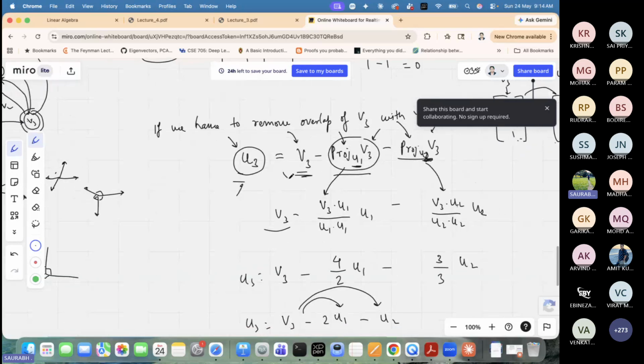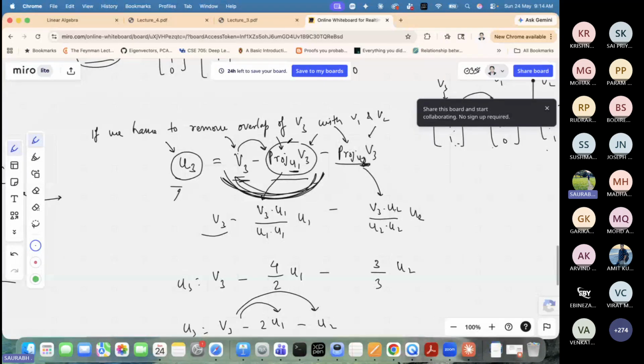Firstly, you are finding how much of V3 is perpendicular to U1, the first part. Once you do that, whatever remains, you find its projection in the direction of U2, because you want the new vector to be perpendicular to the second vector as well. And that's what you're doing here, right?